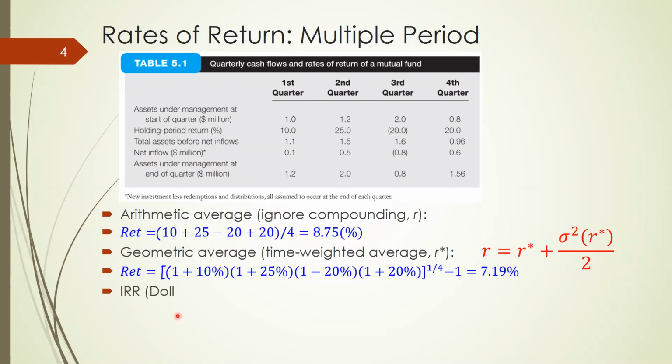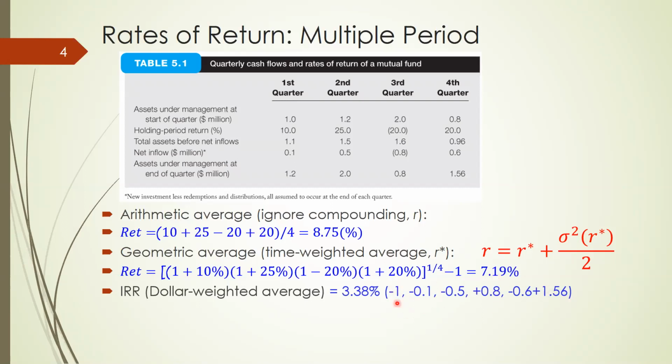The third method is the internal rate of return. It's also called the dollar-weighted average return, which accounts for the different money invested at different points in time. In Excel, you give the IRR function the cash inflow and outflow.